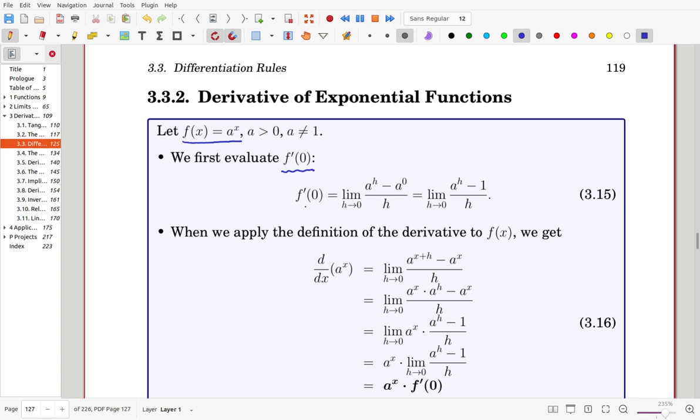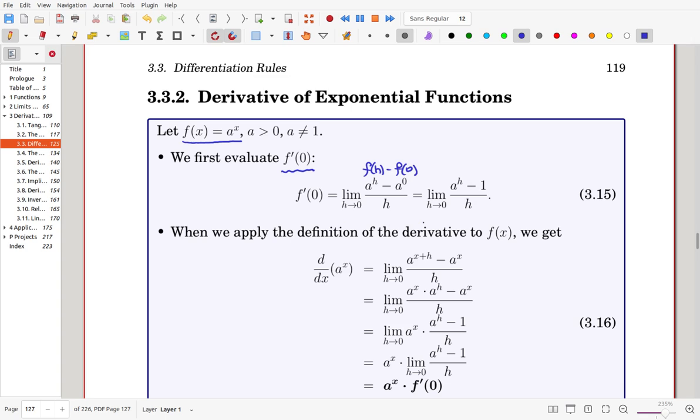Here, f prime at 0 is, by the definition, the limit as h approaches 0 of f of h minus f of 0 over h. That is a to the h minus a to the 0 over h, which is the same as the limit of a to the h minus 1 over h.